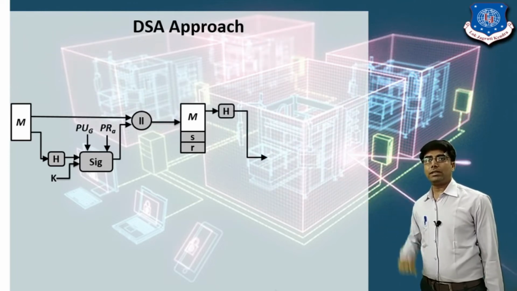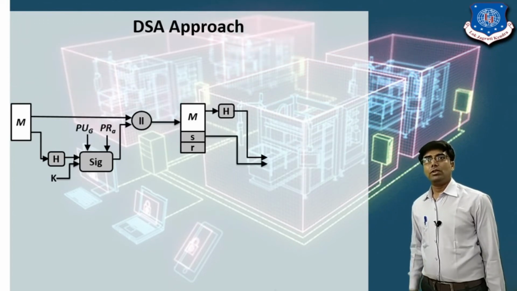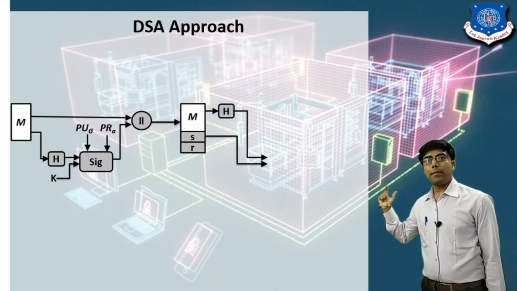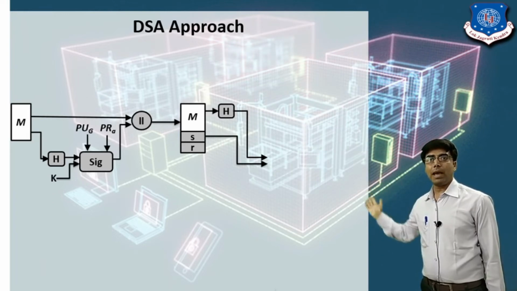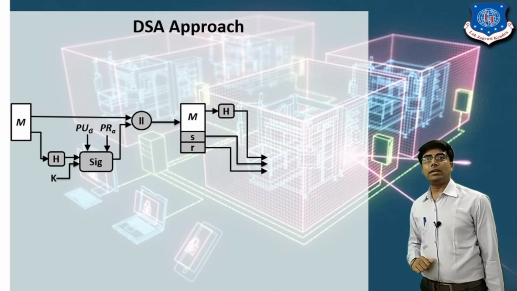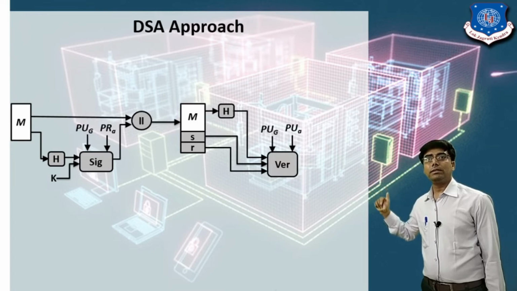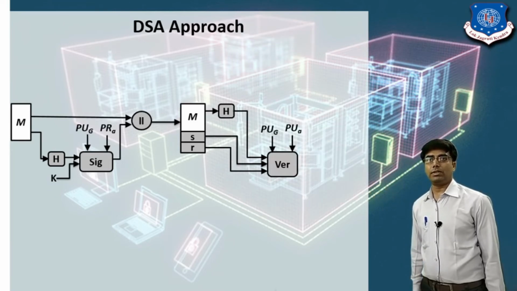Now on the receiver side, the receiver verifies the signature. First it applies the hash function on the message, generating a hash code. Now the hash code is input to the verification function.